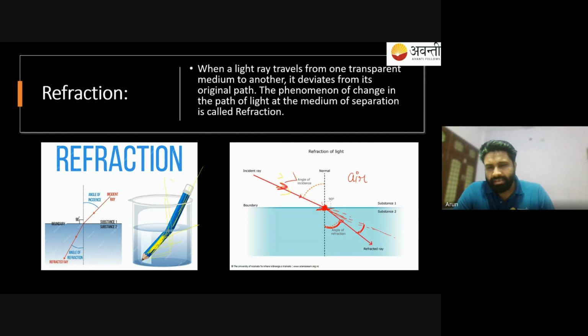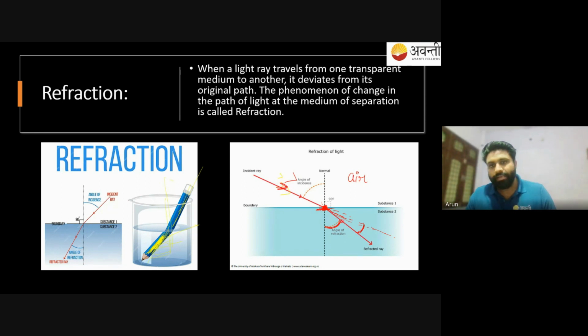Got it? And why this speed changes is a further higher discussion. I'm telling you this for your information: because light is an electromagnetic wave, and any medium is made up of atoms, and atoms have electrons. Atoms have both positive and negative charge, which causes an electric field.